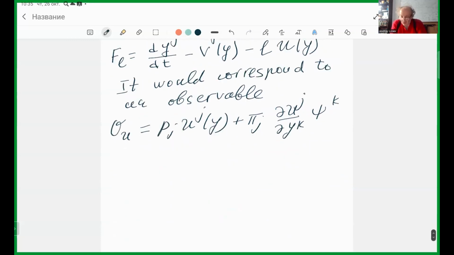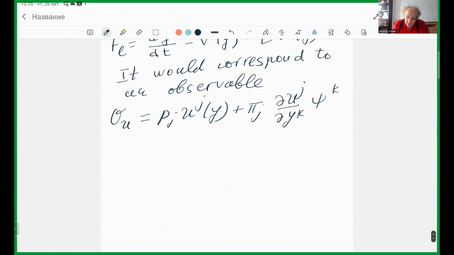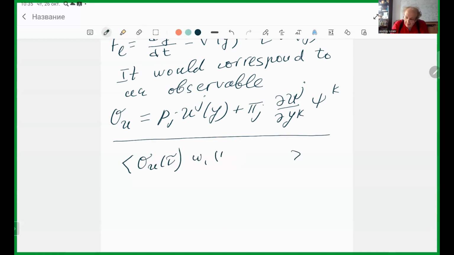Now I know how to compute the correlator of O_U at point tau, omega 1 at T1, through omega n at Tn.